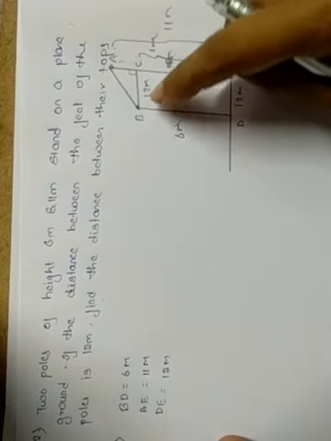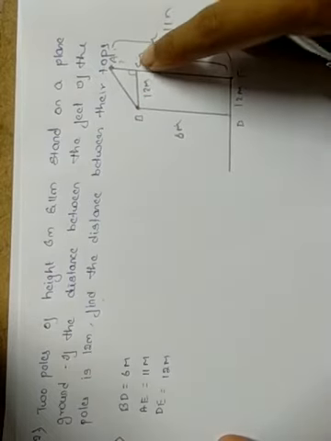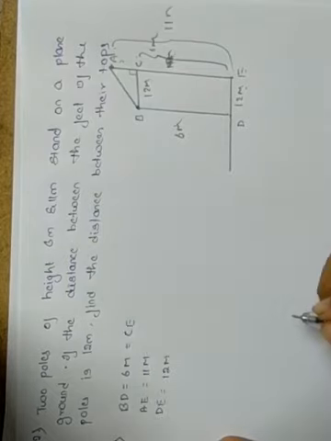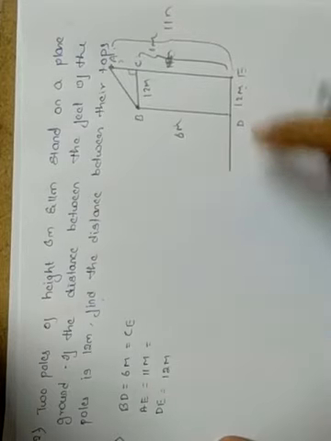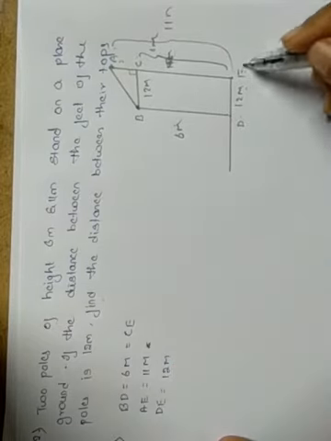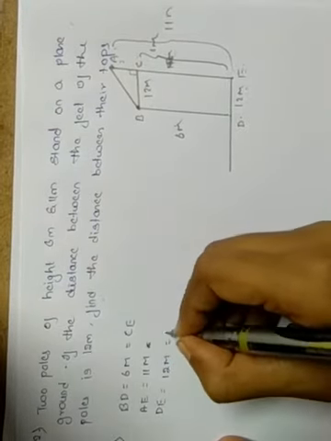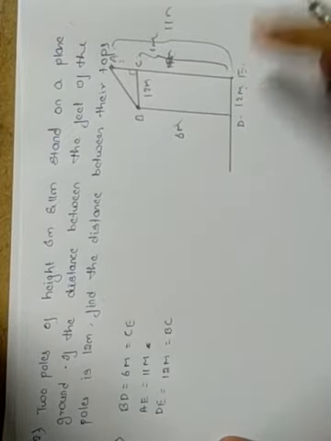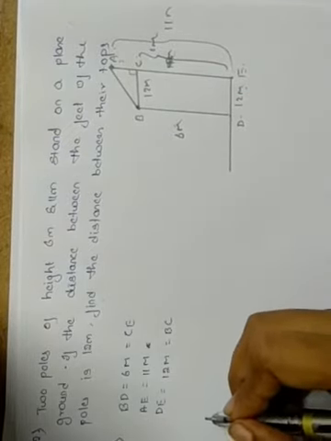And here I am going to write BD is equal to CE, because they are opposite sides of the rectangle. And DE means BC, again the opposite sides of the rectangle. Yes, they are opposite sides of the rectangle.